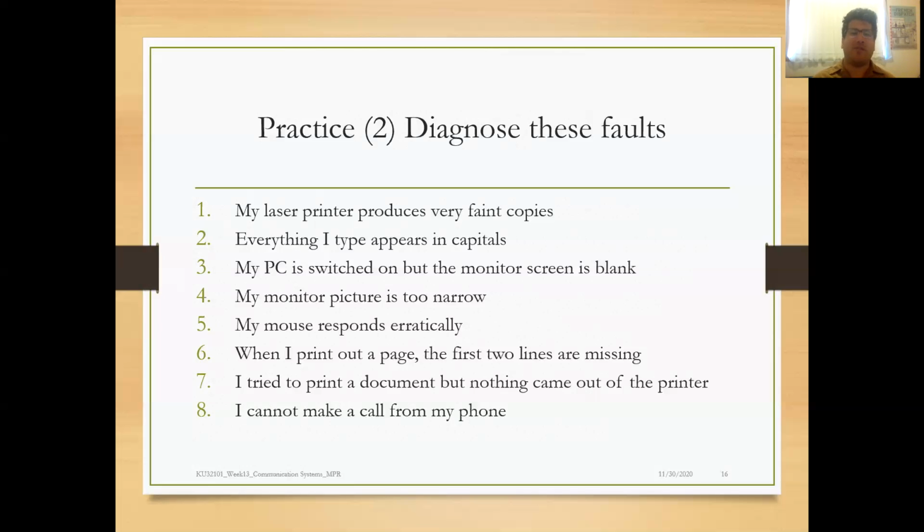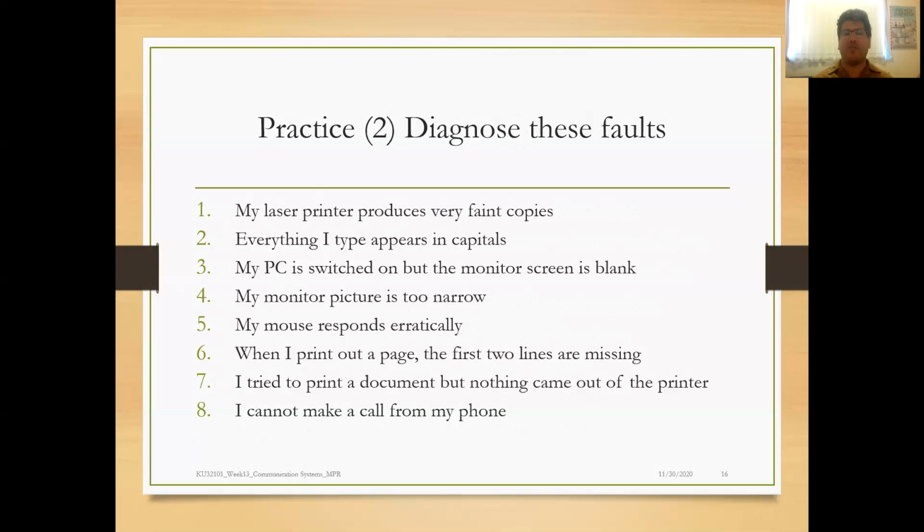Everything I type appears in capitals. My PC is switched on, but the monitor screen is blank. My monitor picture is too narrow. My mouse responds erratically. When I print out a page, the first 2 lines are missing. I tried to print a document, but nothing came out of the printer. I cannot make a call from my phone.